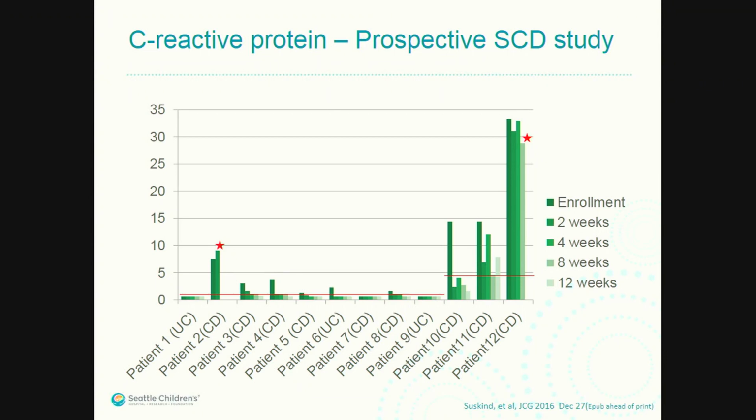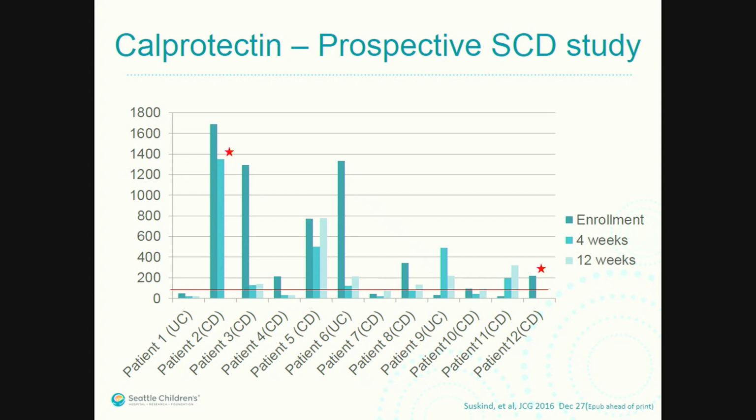In terms of the inflammatory process, you'll notice that there are different markers for the CRP here, but again, the majority of individuals had improvement or normalization of their inflammatory markers based on CRP. When we looked at calprotectin, or a stool inflammatory marker, we also saw a significant improvement for the majority of individuals.